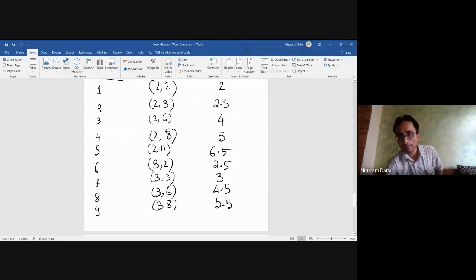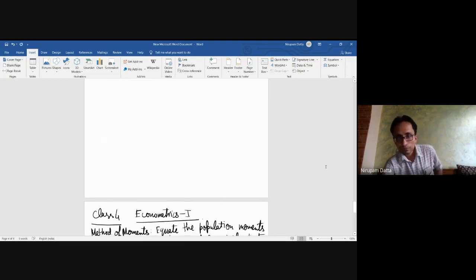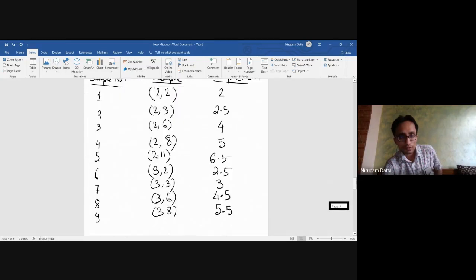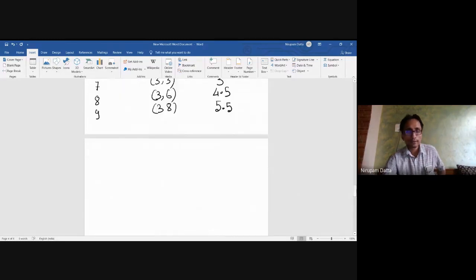Now we'll have to find the next 16 samples. So this was page 6, and we will now be into page 7.